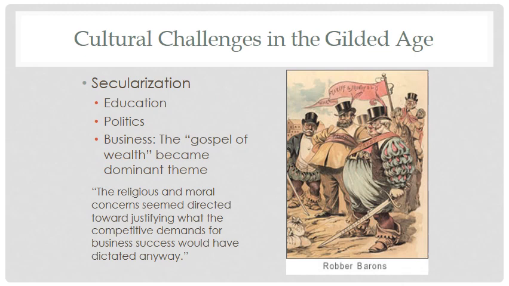And I'd mentioned this already before, but business becomes really the focus for many people of kind of the gospel of wealth. The religious interests of these people were really turned toward trying to figure out how they could become more wealthy. And so the gospel of wealth became the dominant theme. And as Marsden observes in this quote here, the religious and moral concerns of the people of the time seemed directed toward justifying what the competitive demands for business success would have dictated anyway.